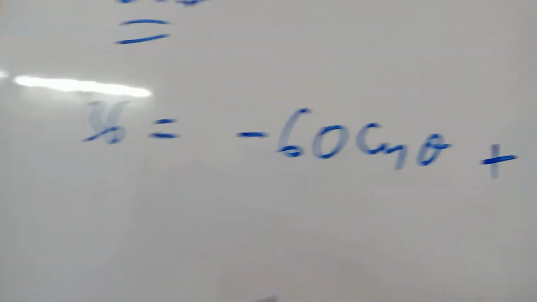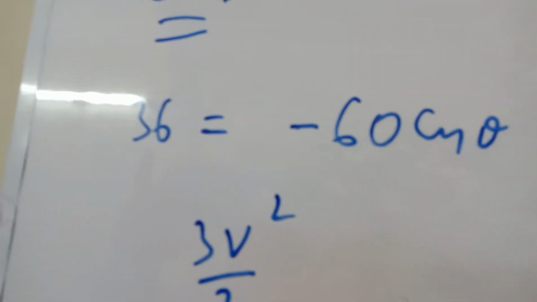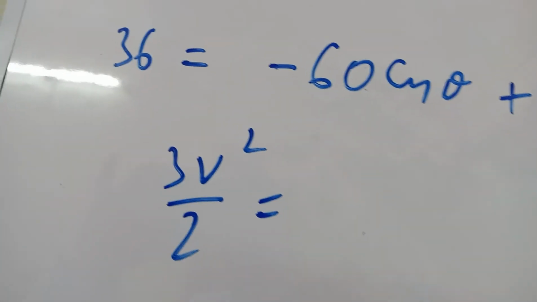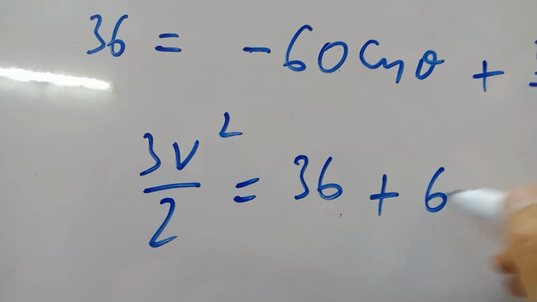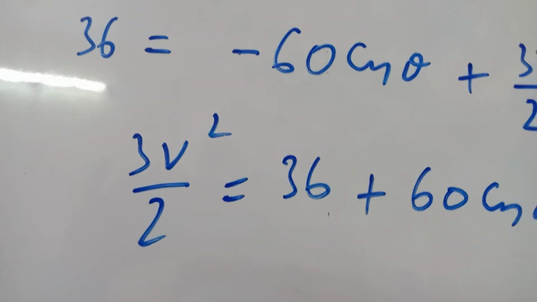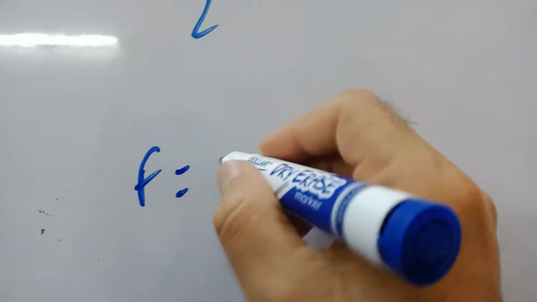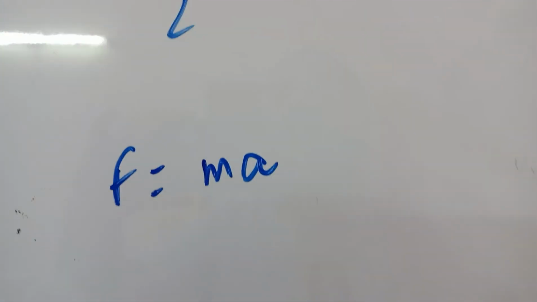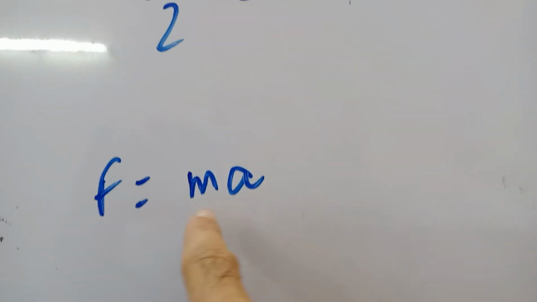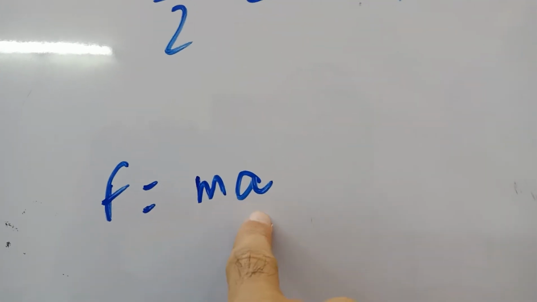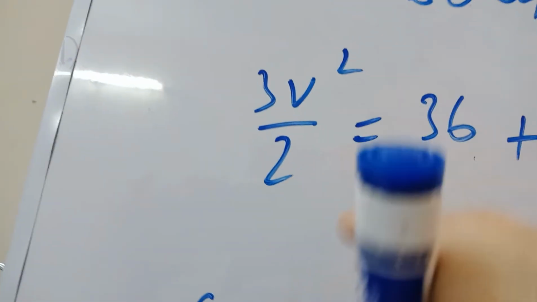So I take out the value of this 3v square over 2. Guess why I am finding this 3v square over 2? Any guesses? Yeah, because if I use the F equal to ma principle over here, this m is 3 and the acceleration is v square over r, so that would be same as 3v square over 2.